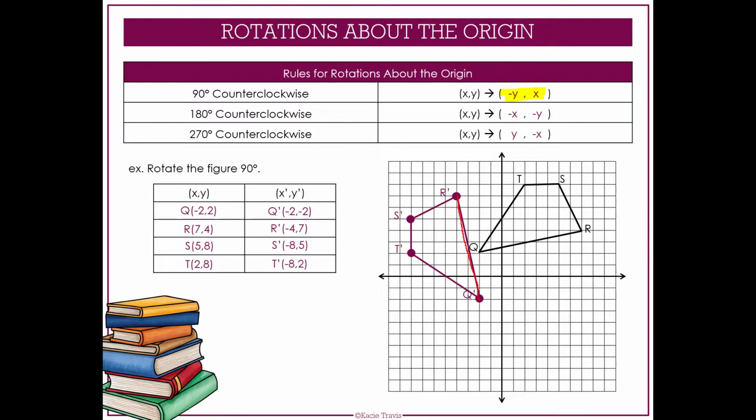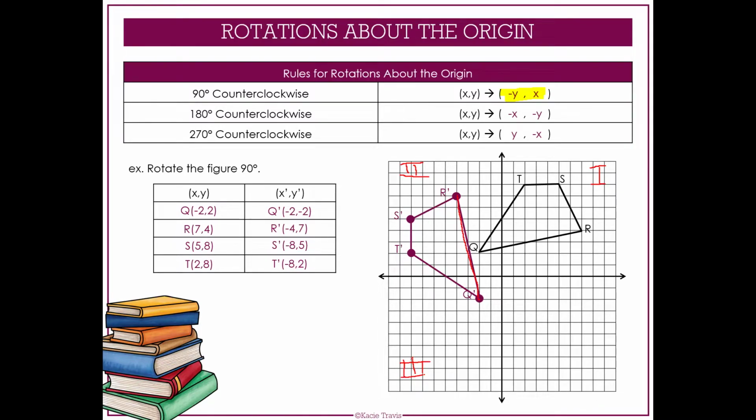Seeing as this shape was originally in quadrant 1, when I rotate it around 90 degrees, it moves over to quadrant 2. Now, if you rotate it around again, this goes from a 90-degree rotation to a 180-degree rotation, and that would bring you down here to quadrant 3.